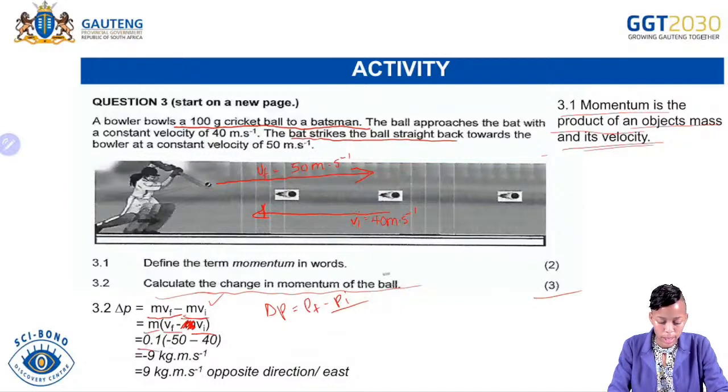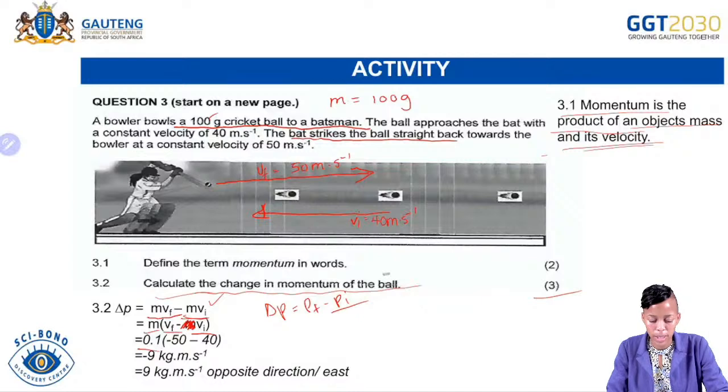In terms of the collection of data, we have a 100-gram mass. The first thing you are going to do is convert this mass from grams to kilograms. How do you convert to kilograms?